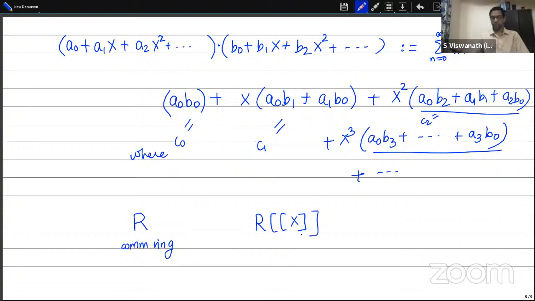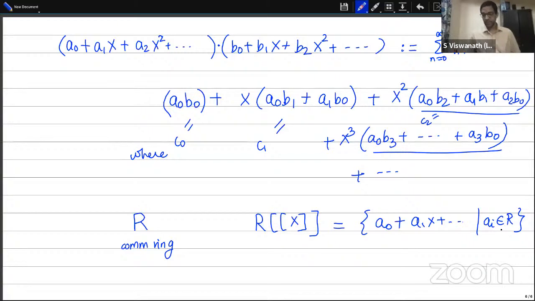What is this? Well, I just copy the same definition. I take all such objects, the elements look like A0 plus A1x and so on. The A's come from the underlying ring R. And then how do I multiply, or how do I add? Add is easy, component wise. How do I multiply? Well, this is my rule for multiplication. I just give you the rule.